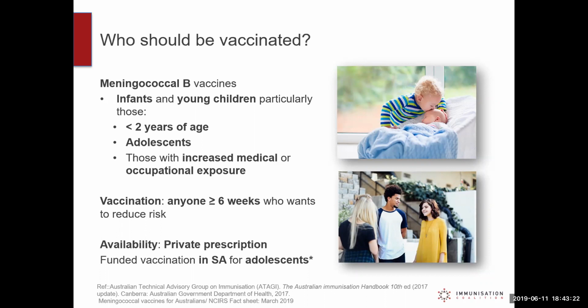Like I said, that program will end on the 31st of December. We've also got another catch-up program for children aged 12 months to less than 4 years of age as well. So as long as they have their vaccines in 2019, they are going to be eligible to receive 2 doses of Bexsero vaccine.